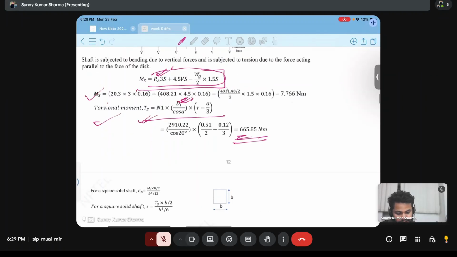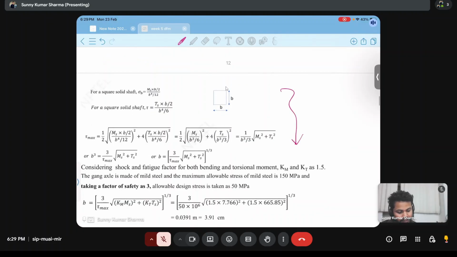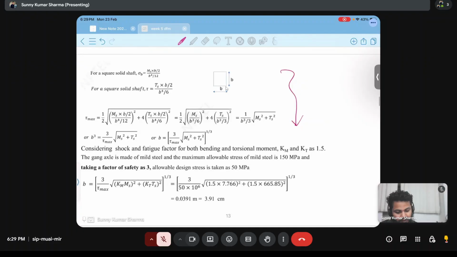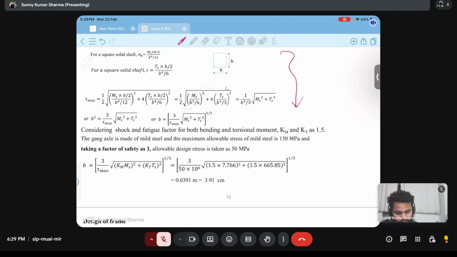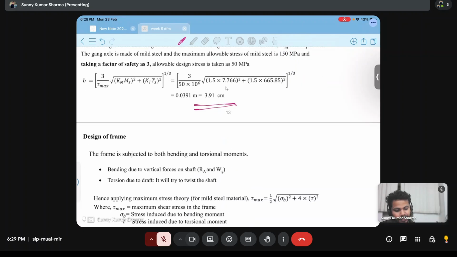So here we can see that due to very less Ra value, we are getting very less bending moment. Again, the same procedure will be followed for calculating the dimension of the solid square shaft, that is B. And when we put all those values of Ms and Ts, we will get the B value as 3.91 centimeter. This was the procedure for designing the shaft.